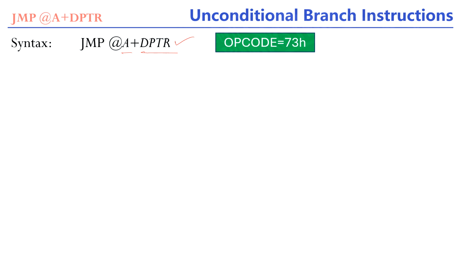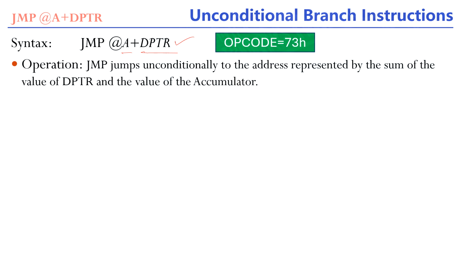DPTR should have a 16-bit number and A should have an 8-bit number. This instruction jumps unconditionally to an address specified by the sum of DPTR and the value of the accumulator.